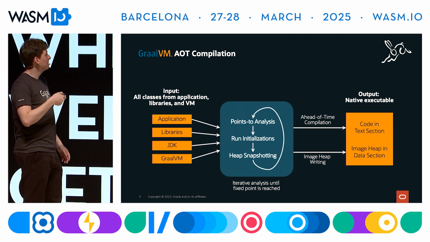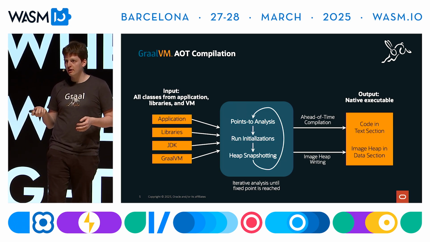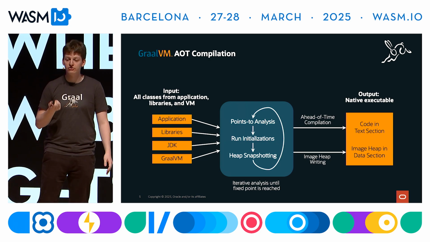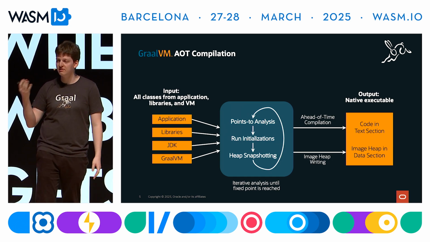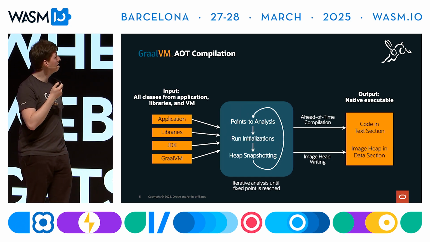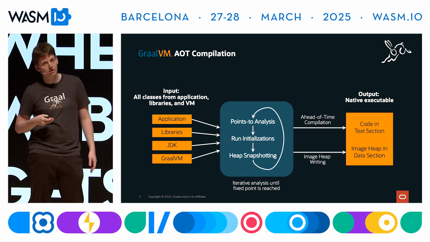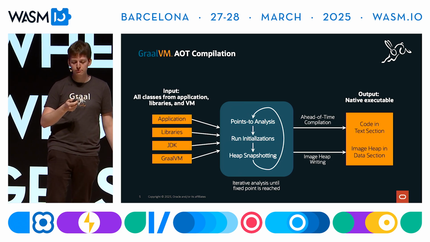We do this in an iteration until we no longer discover anything new. As part of that, we may have to run some Java static initializers, and as part of that, some Java objects may get created. Those are then snapshotted, and in the final image are emitted as something we call the image heap. So that means at runtime, you don't have to reinitialize those objects. They're already there for you.